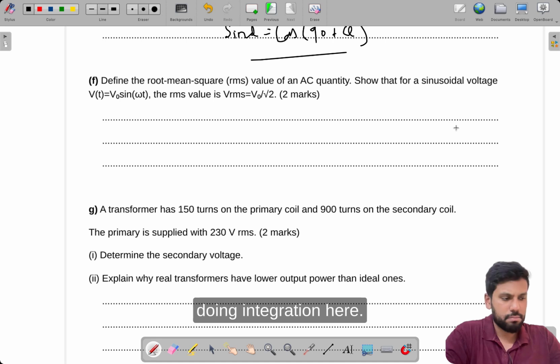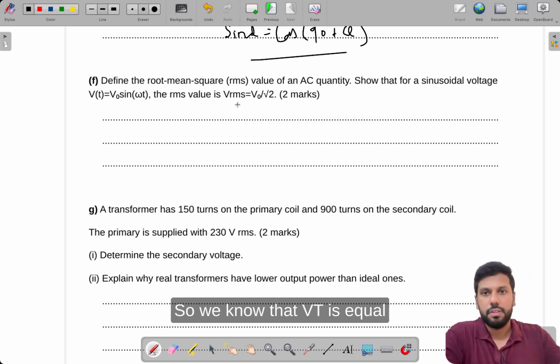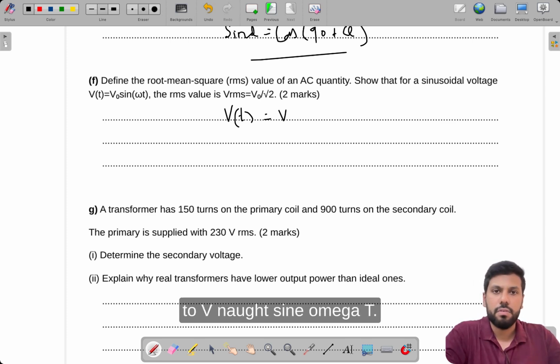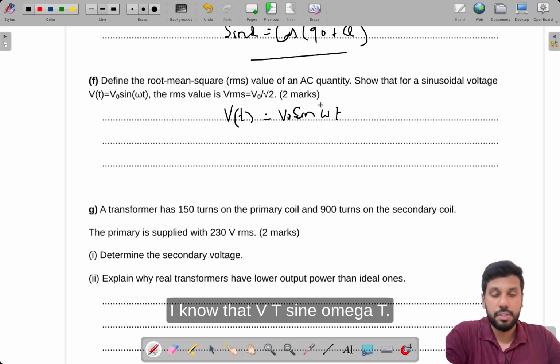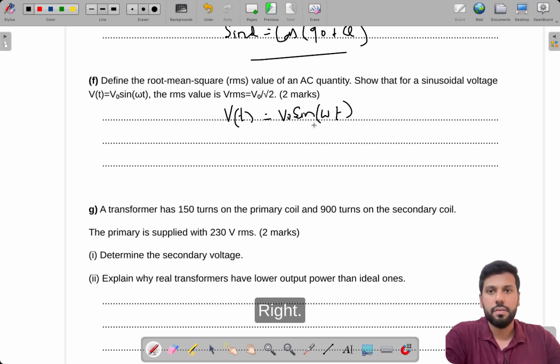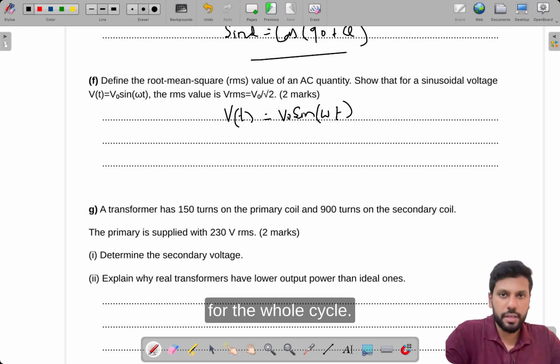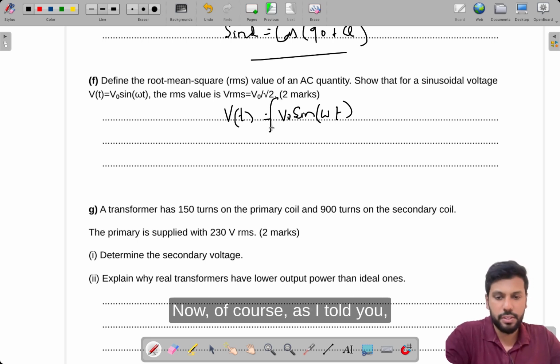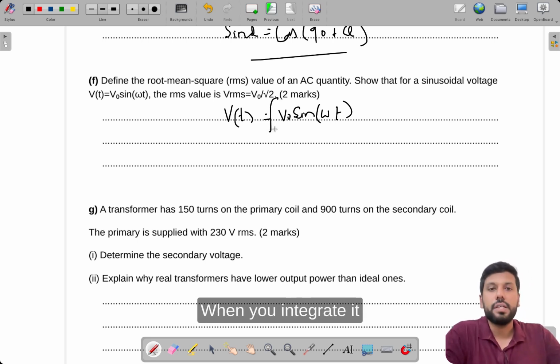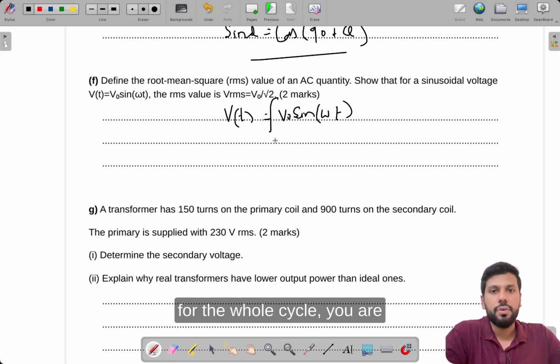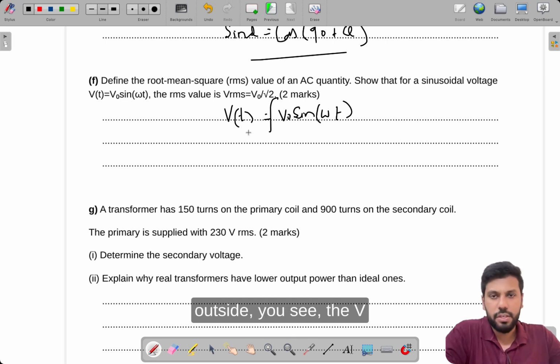We will be doing integration here. So we know that V(t) is equal to V naught sine omega t. When you integrate it for the whole cycle, as I told you, the integration is required. V naught will come outside.